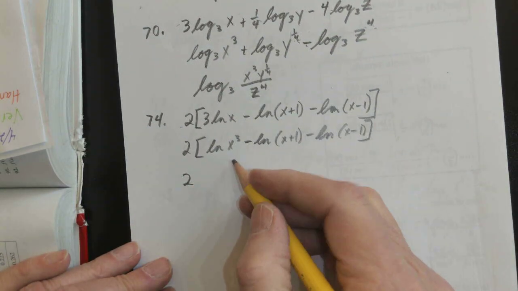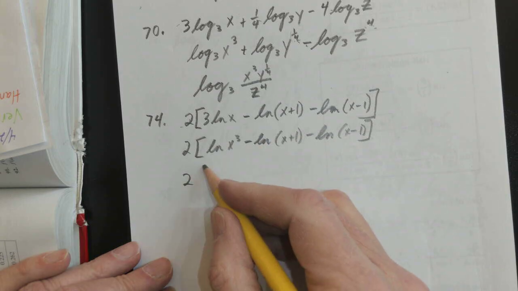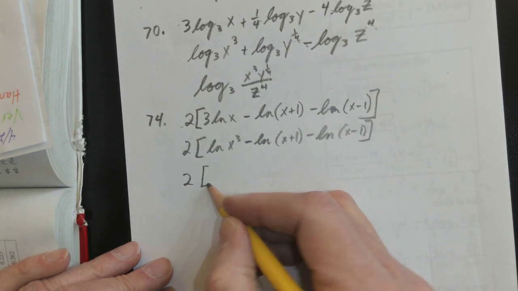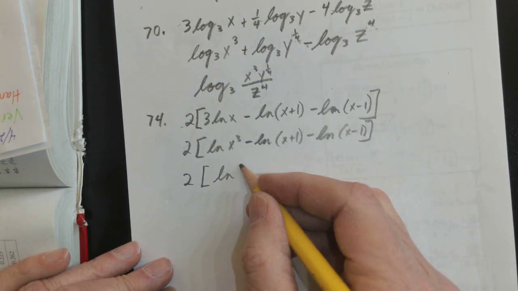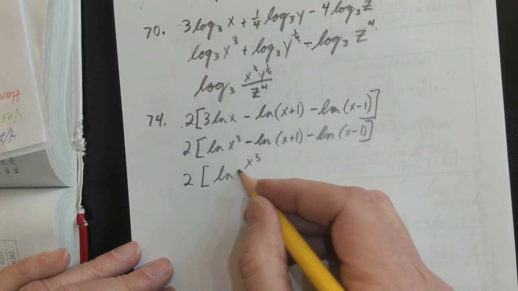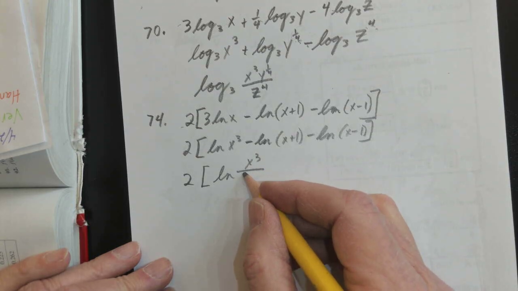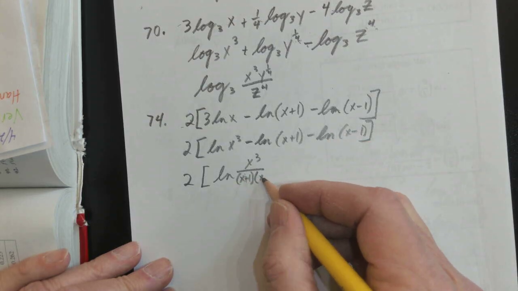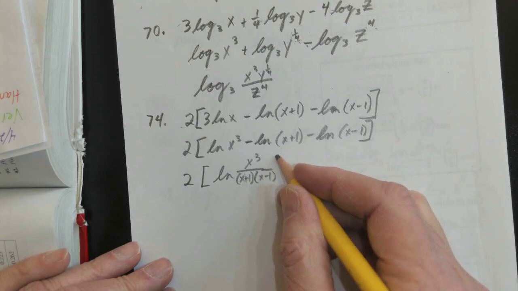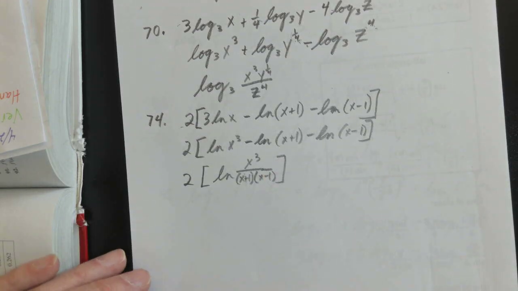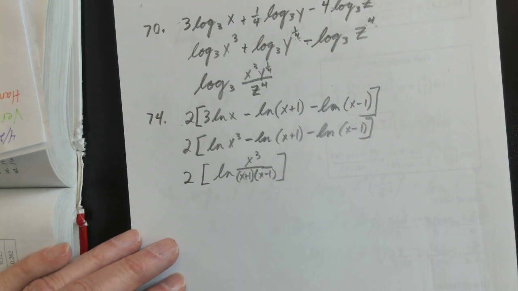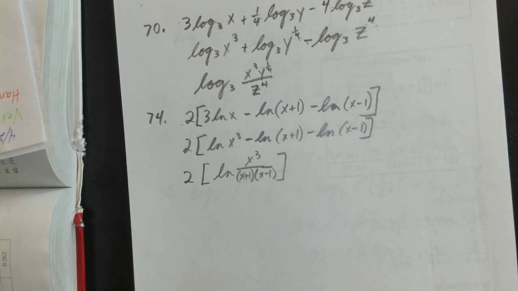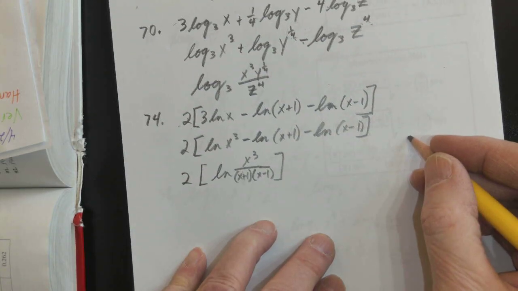Okay. What's minus? Division. So I'm going to take natural log of x cubed over x plus 1, and this is also division, right? Times x minus 1. Wouldn't it be x cubed divided by x plus 1 divided by x minus 1? Okay.